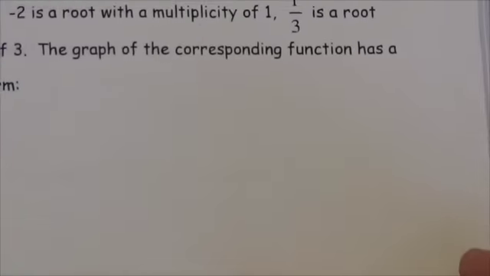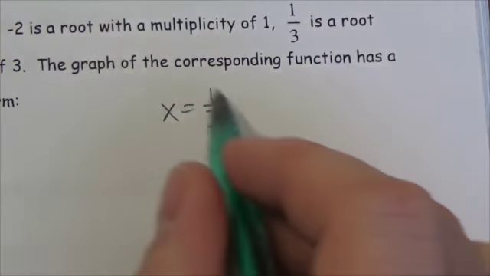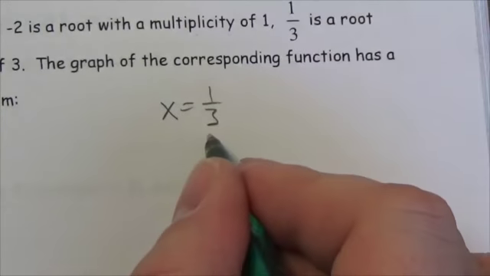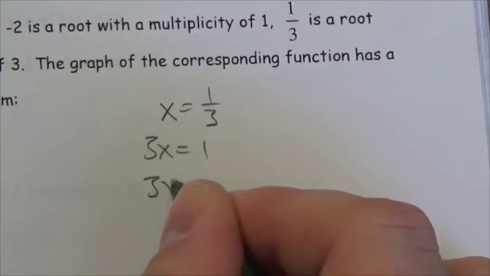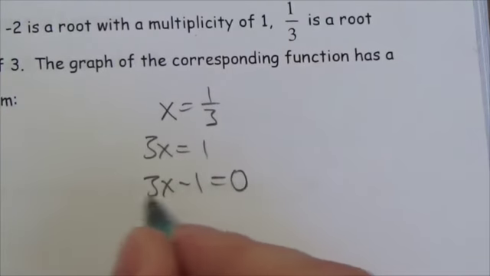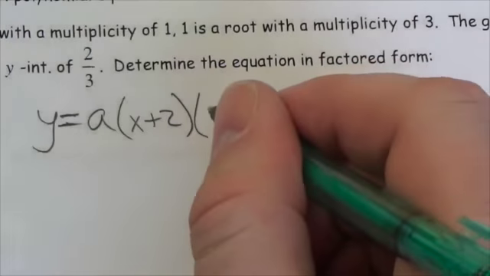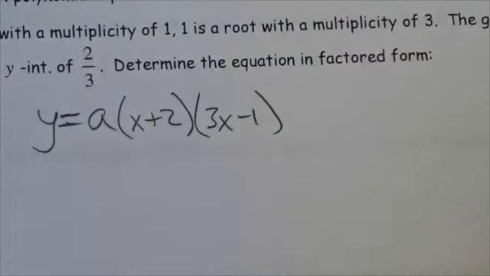So now let's think about this. x equals 1/3. I need to make this equal to 0, but I need to do it by getting rid of the fractions first. So I'm going to multiply by 3 and then bring the 1 over. That's the factor I'm looking for: 3x minus 1. So I come back over here, 3x minus 1. It has a multiplicity of 1.